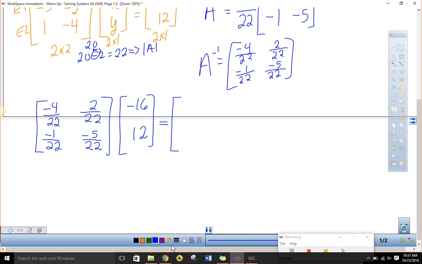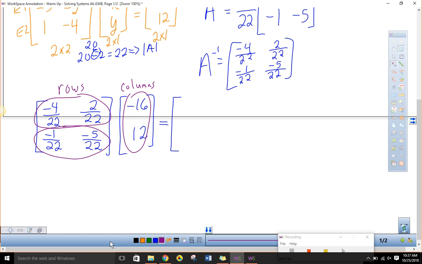So we're multiplying, right? We're going to do rows by columns. I really like this little trick people have been doing. I think it's really helpful when you do multiplication of matrices. Negative 4 times negative 16. Negative times a negative is a positive.